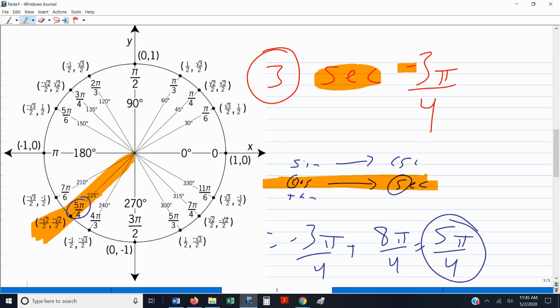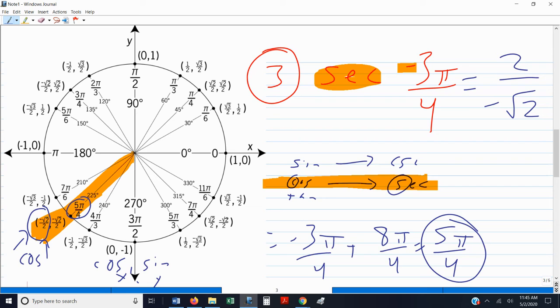Secant is the reciprocal of cosine, and cosine is which value, the x or the y? Cosine is the x value, right? Cosine and sine, x and y. So here's all the things we just said. Secant is the reciprocal of cosine. Cosine is the x value. So what you're going to do is take that x value and just flip it over.